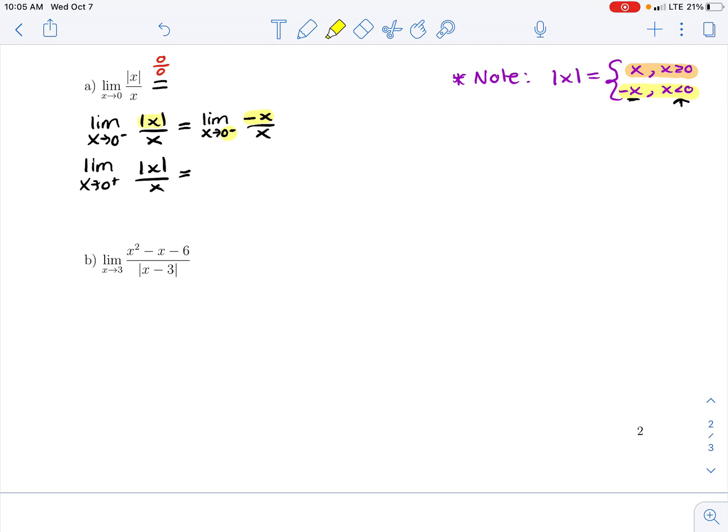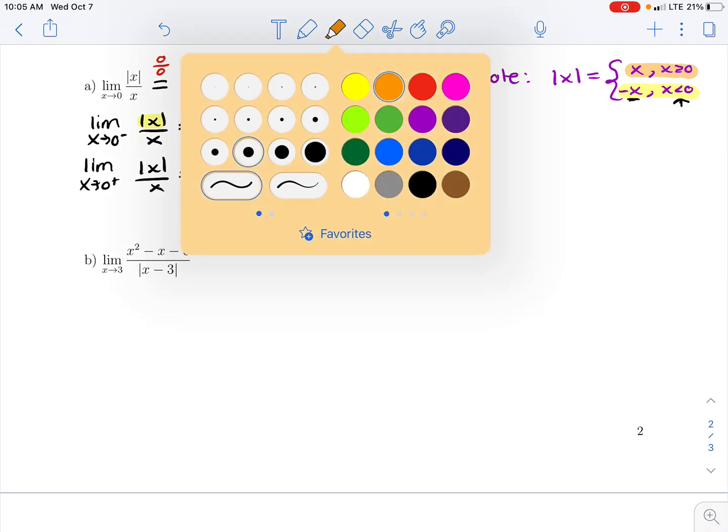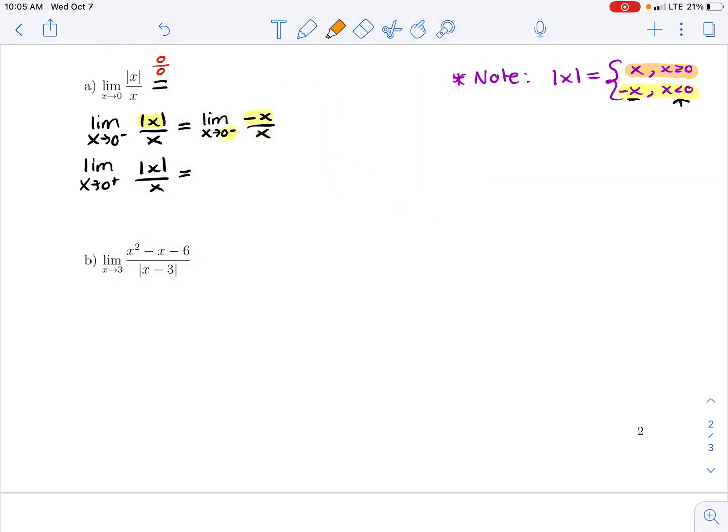Instead of this absolute value here, I plugged in negative x because it's defined for x values to the left of 0. Okay, what about from the right? Well, from the right, I want to use my value x here. So instead of having absolute value, I'm going to say that this is the limit as x approaches 0 from the right of x over x. So that's where I got that from.